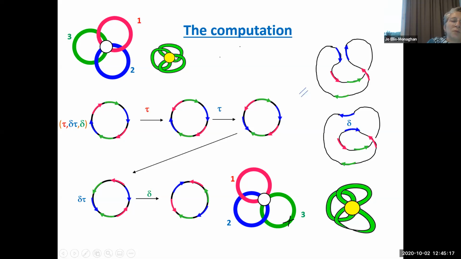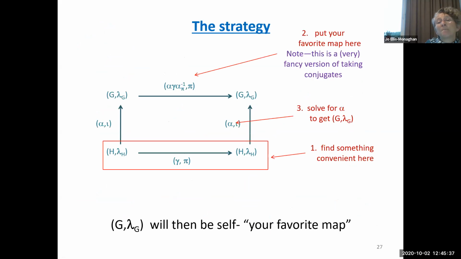So that's how you apply twist, delta to this graph to get this one. All right, so that's how you can apply these group elements, S3 to the number of edges, now to graphs.